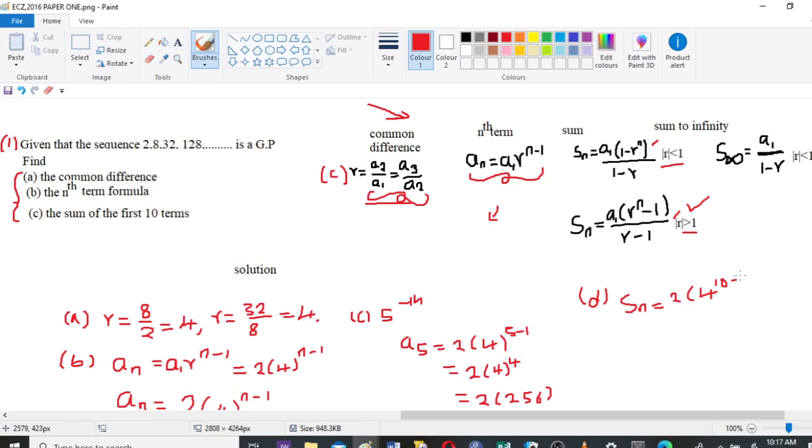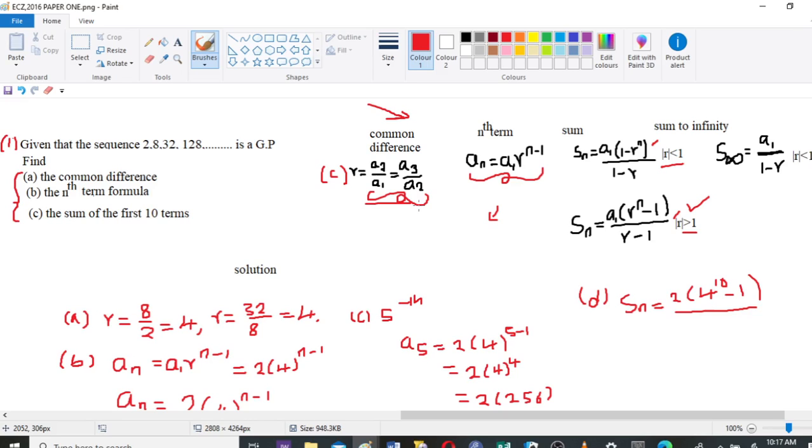Sorry, I've made a mistake here. A1 should not be a power. That's 4 to the power 10 minus 1 here, over R minus 1.